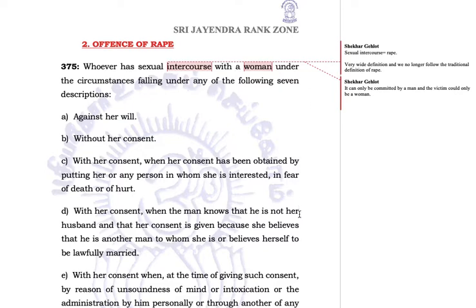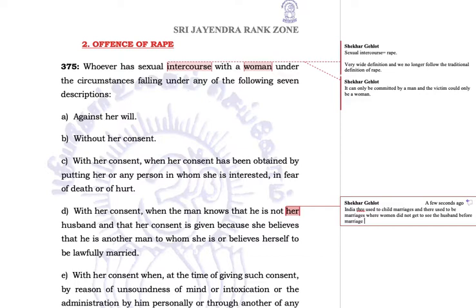But yes, this law is more than a century old, and in India there used to be child marriages, and there used to be marriages where women did not get to see the husband before marriage, or the ceremonies used to be such that even during the marriage ceremony she did not have a good occasion to see the husband carefully.